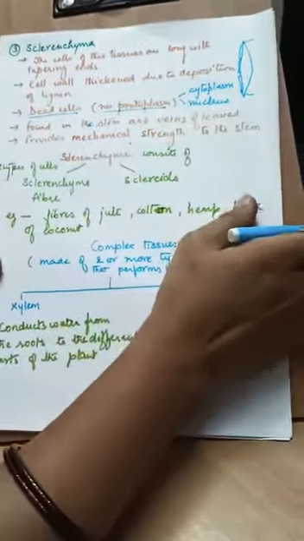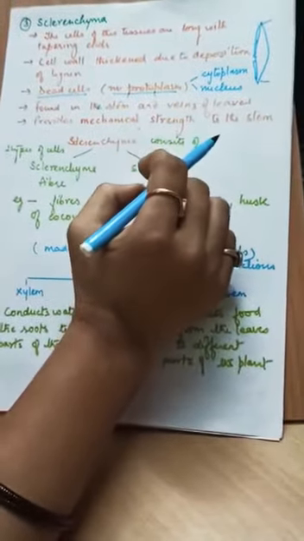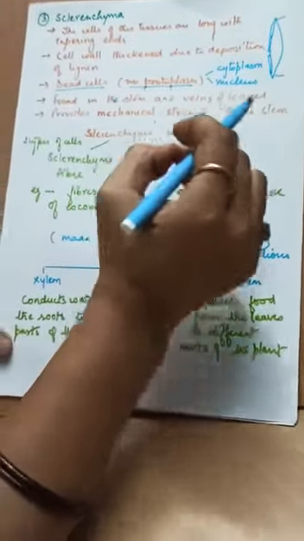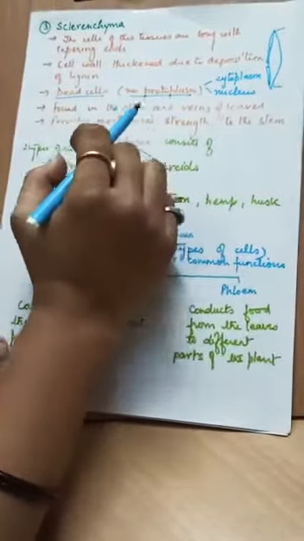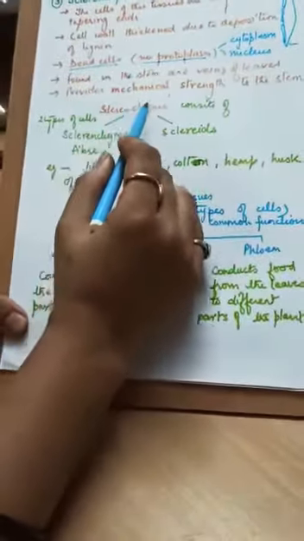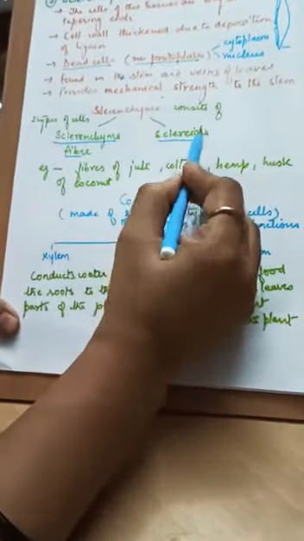So basically, parenchyma stores food and it performs photosynthesis. Collenchyma and sclerenchyma are providing the strength or support to the plant. Sclerenchyma consists of two types of cells. One is the sclerenchyma fiber and the other one is sclereids.